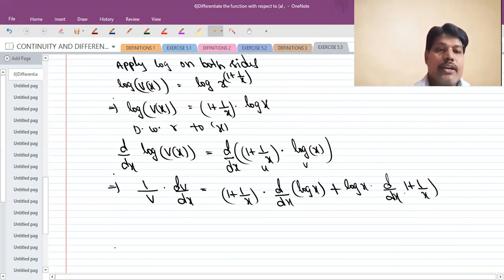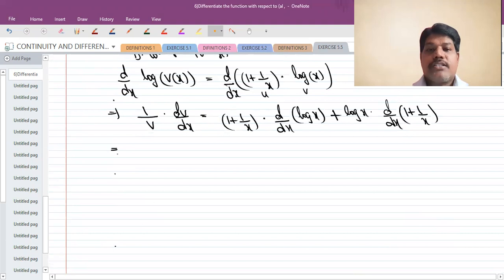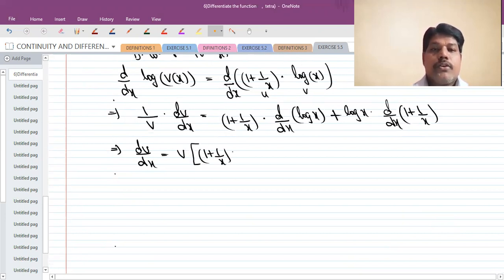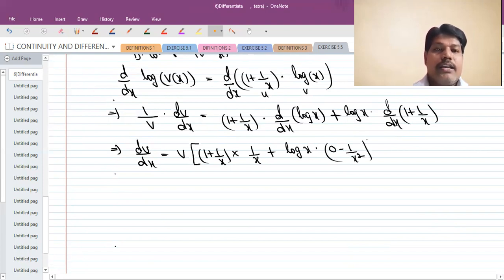So that implies, taking this v to the other side, dv by dx is equal to v into 1 plus 1 by x into the derivative of log x, which is 1 by x, plus log x into the derivative of 1 by x, which is minus 1 by x square (the derivative of 1 is 0).